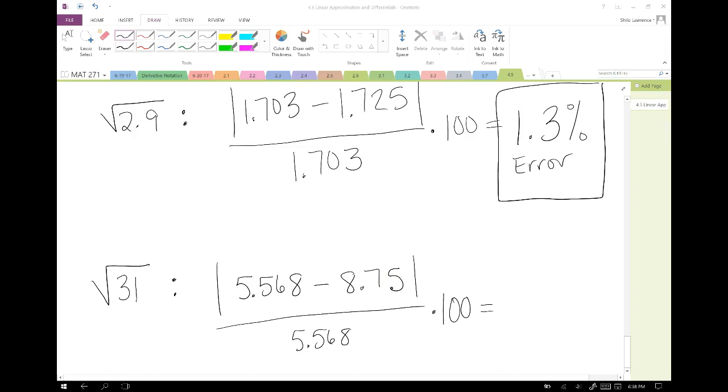Those two numbers are not very close together. Yeah, this is not good. We got a 57.15% error. That is bad.